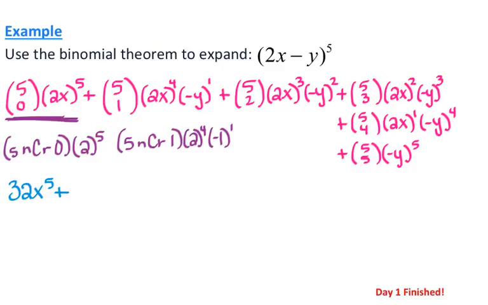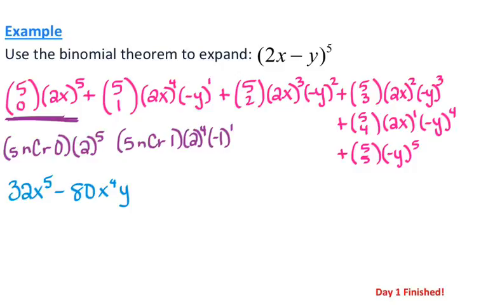So let's see. So I have 5 choose 1. Now this is 2 to the 4th, and then -1 to the 1st. And that gives me -80, so I'm going to change that plus to a minus. So that's -80, and that's x to the 4th, y.